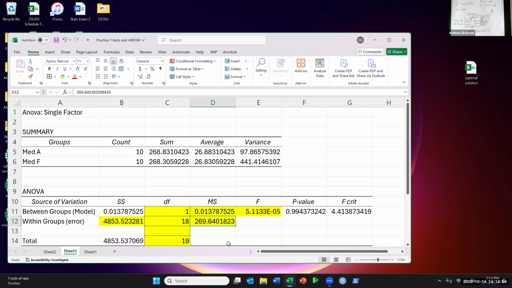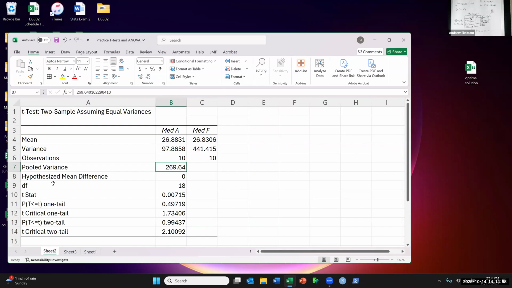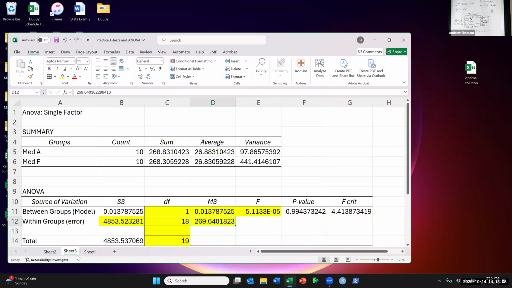With the mean sum of squares here, with the pooled variance that's here, you can take the square root of that, get the standard deviation and everything else. But let's say we're looking at the data here and we did find a statistically significant difference here.